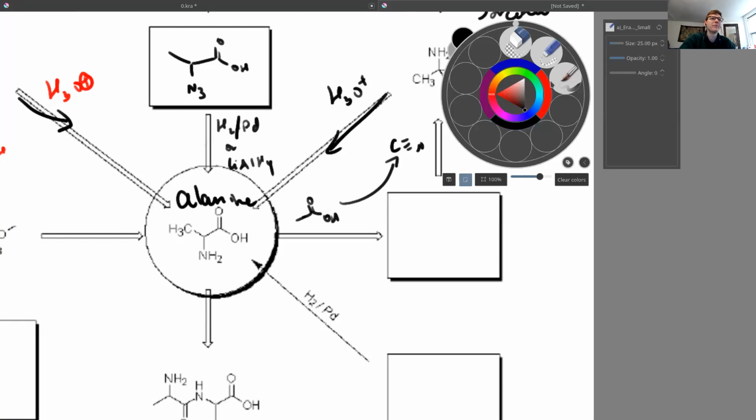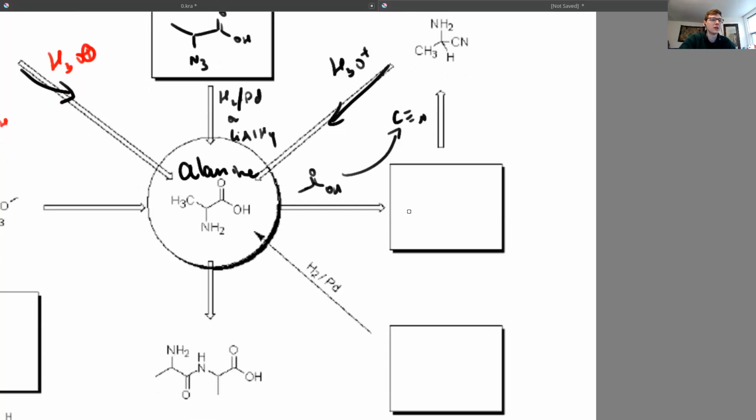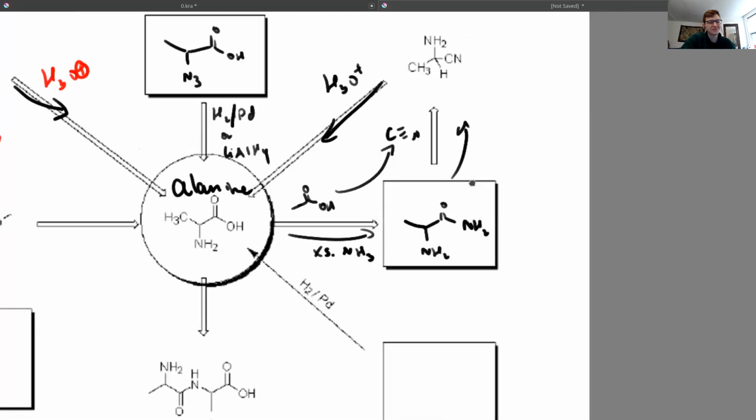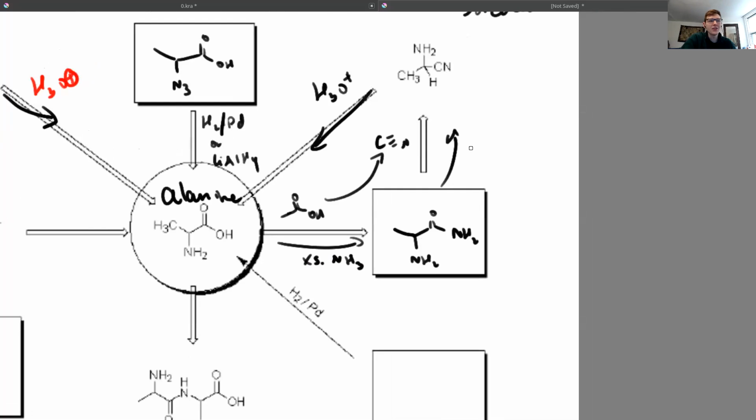I can't remember if this is a type of reaction, but there's a way to turn amides into nitriles, right, from here. So here, this is easy because you just dump ammonia into it. I think there's something that lets you go up this way, although I can't remember what.